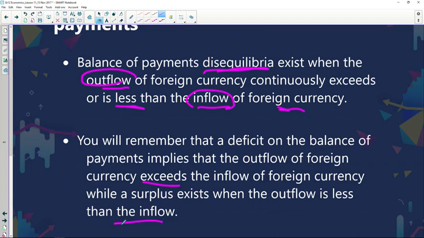Ideally we should be exporting more and importing less. We don't want to find ourselves in a situation where we are importing more and exporting less, so we end up with a disequilibrium. So we try and put measures in place in order to correct that, to manage the inflows and the outflows.